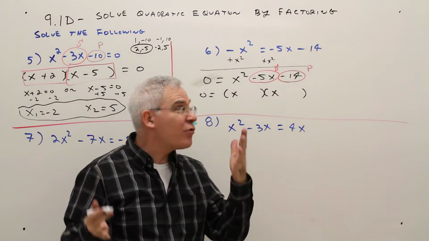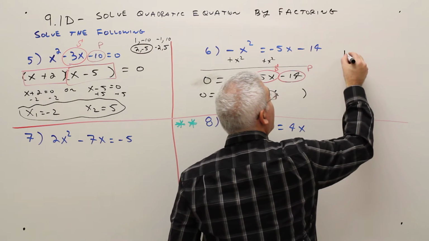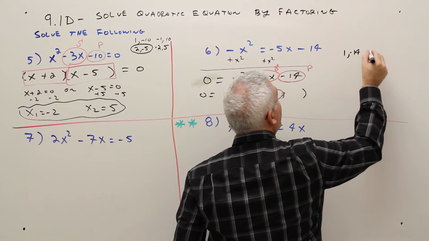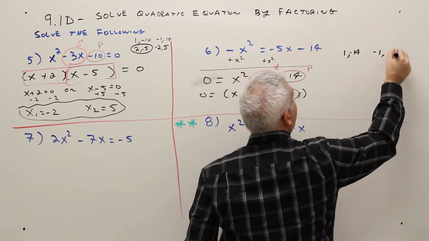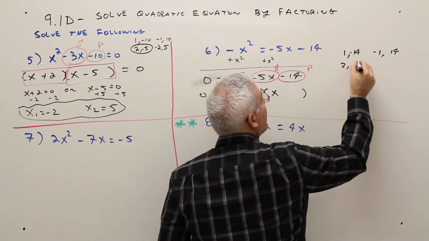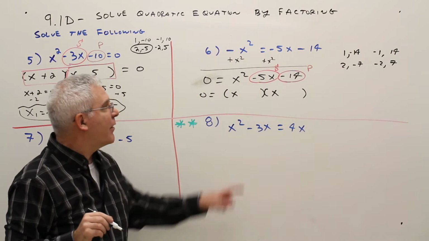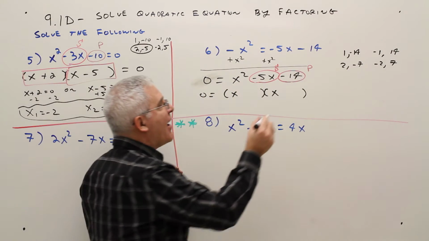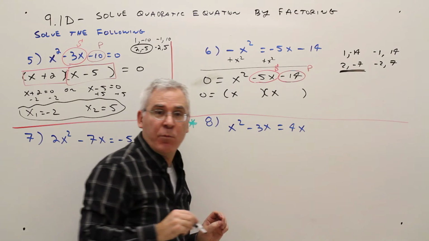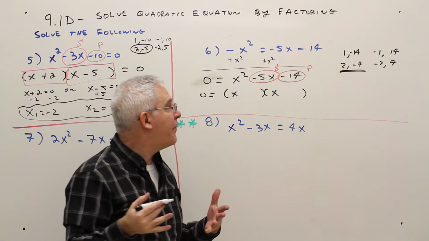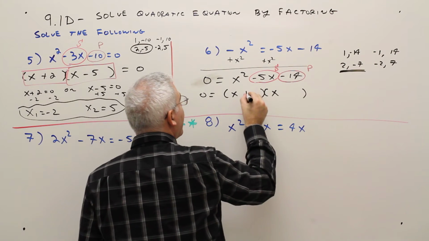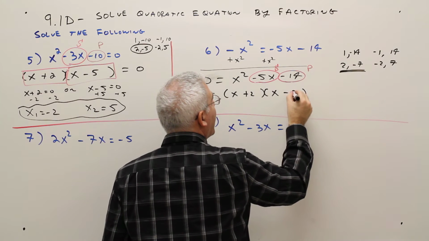I've got a product that's negative, so I know it's going to be a mixture of signs. Once again, it could be 1 and negative 14, or negative 1 and positive 14, 2 and negative 7, or negative 2 and positive 7. Looking for a negative 5. Looks like that would be my correct factoring. So I'll go x plus 2, x minus 7.